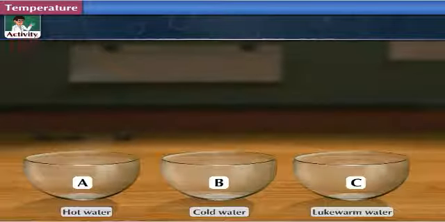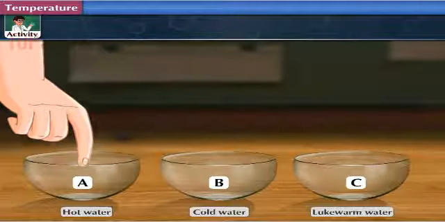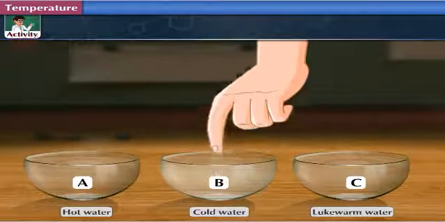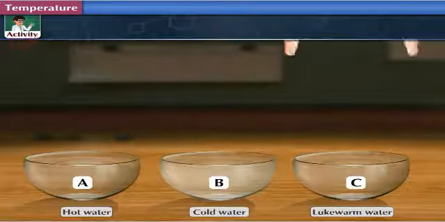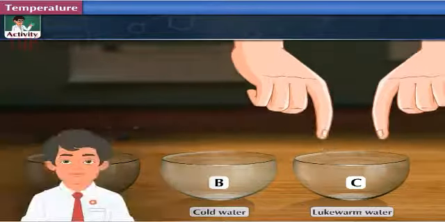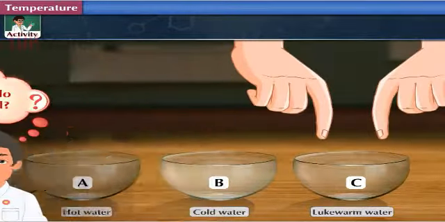Now let us immerse the right hand in ball A and left hand in ball B for a minute. After a minute, let us immerse both hands in ball C simultaneously. What do we feel?